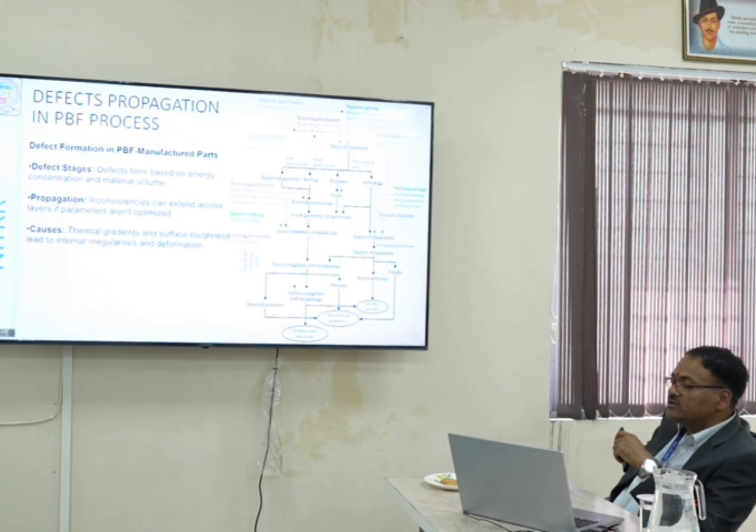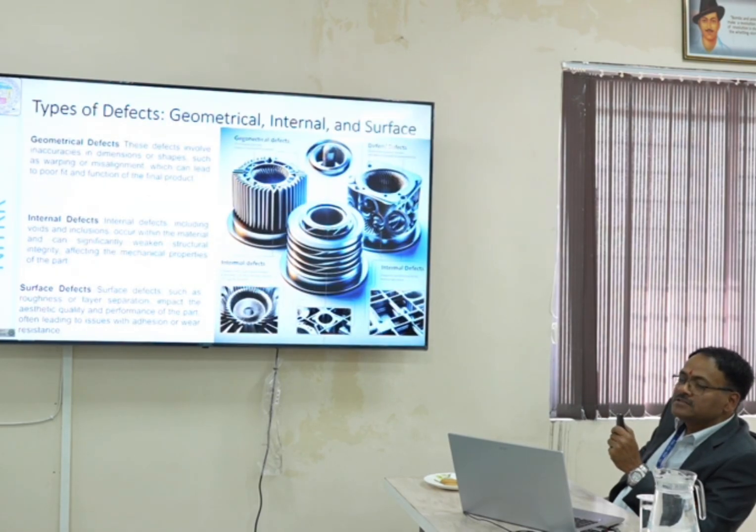Defects can be classified into geometrical defects, internal defects, and surface defects. We have already talked about it. It can be at the macro scale or maybe in the texture of the surfaces.